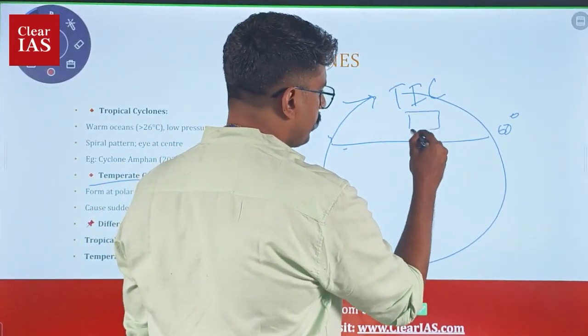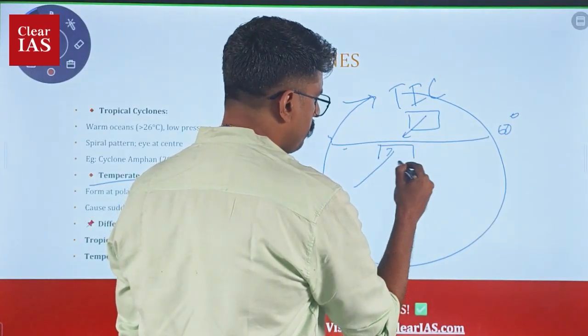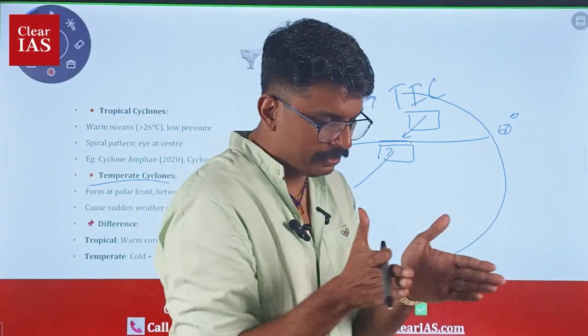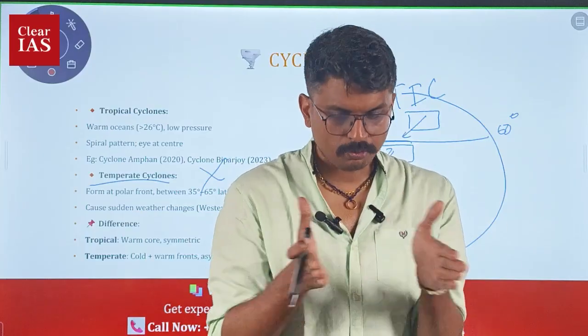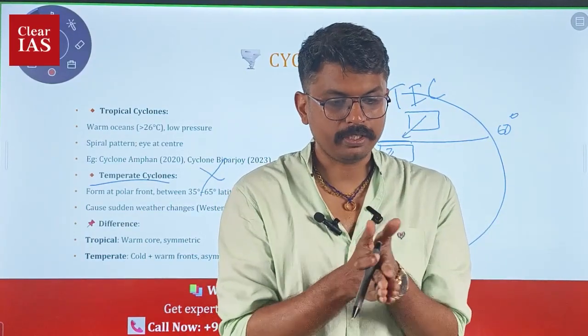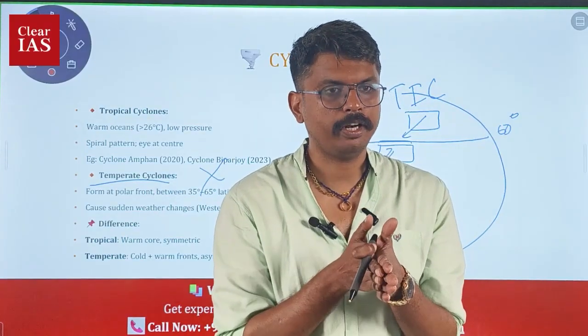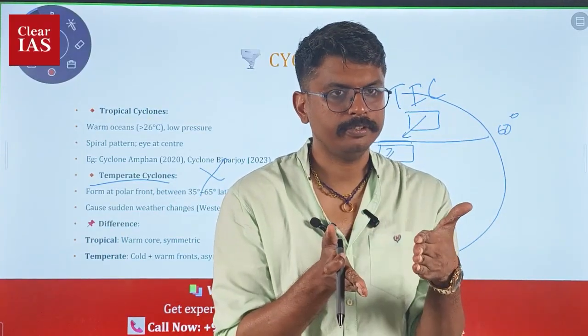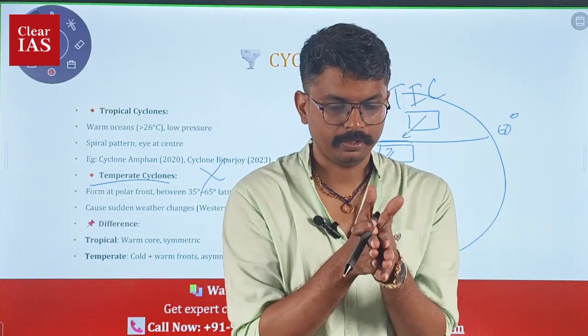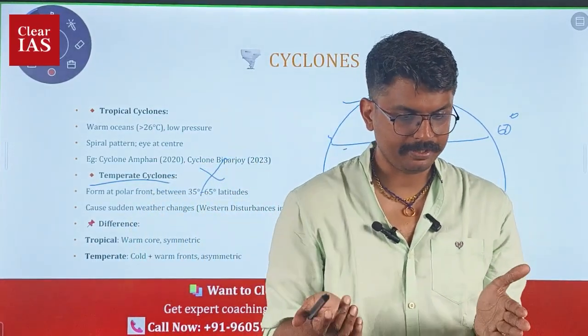The cold air mass from here comes and the warm air mass from here comes and they meet together around 60 degrees. When two different things meet, that is what we call a front, right? The India-Pakistan front, the war front, that's the word. So now what happens? Just a second, please pay attention.